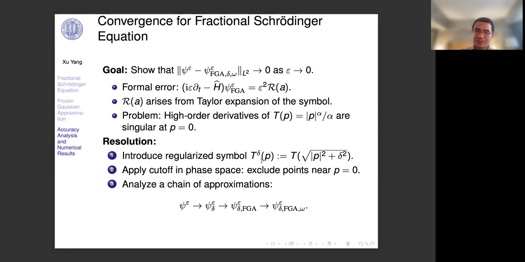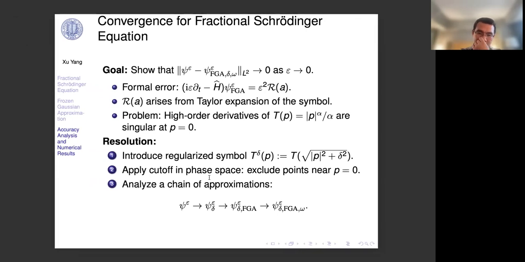First, we have to regularize this, and we hope there's a uniform bound when the small parameter goes to 0. This is the first thing we have to do: regularize so that it does not have the singularity at p equals 0.